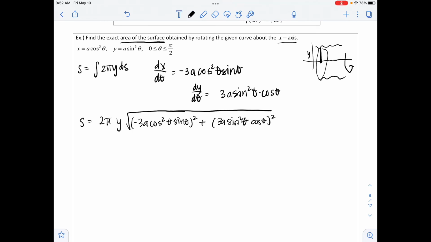And again, we're going to be integrating with respect to θ for this problem. And so our integral is going to be going from those values of θ that we have, and they're given as between 0 and π/2.